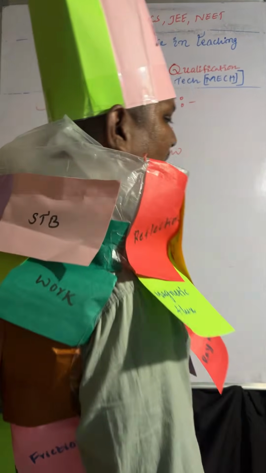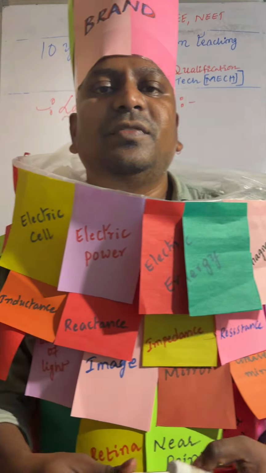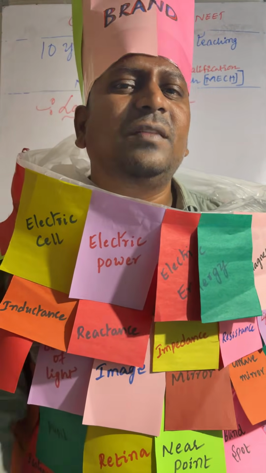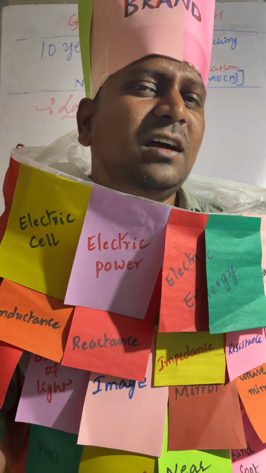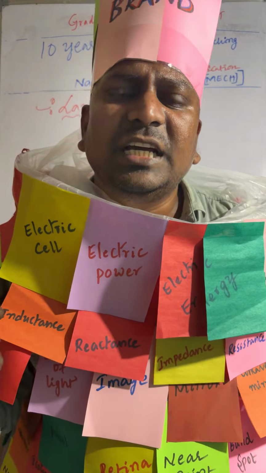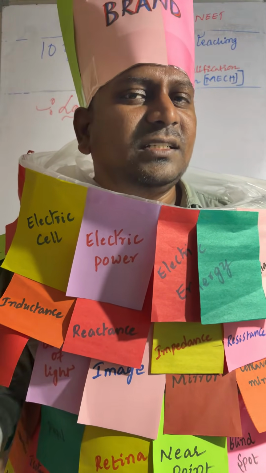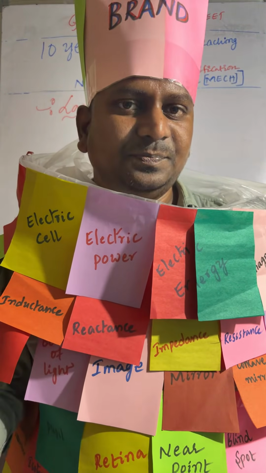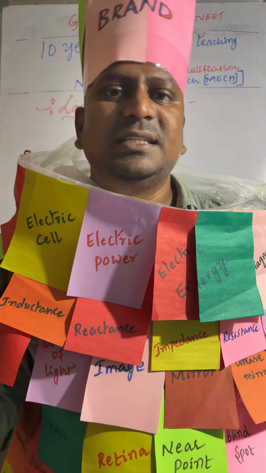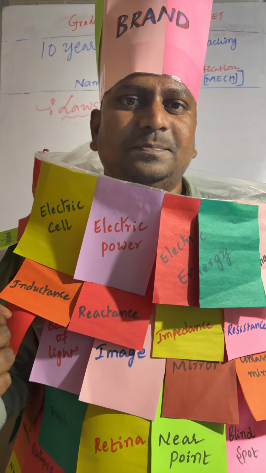So what is the first law? It defines inertia. In the starting of the class, I explained inertia of rest, inertia of motion, inertia of direction. Mass is the measure of inertia. More mass, more inertia. Less mass, less inertia.